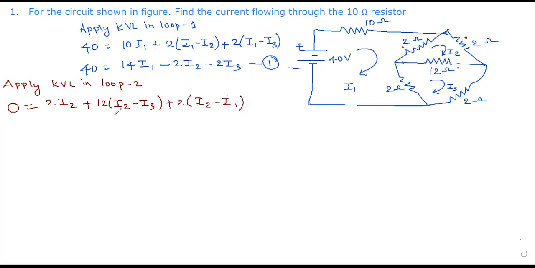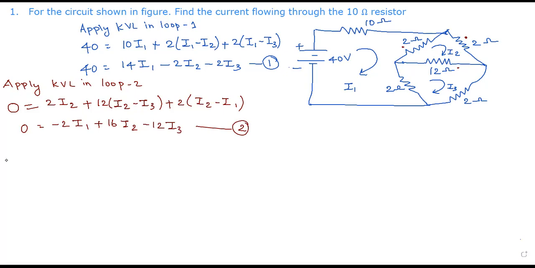By simplifying this equation, you get 0 equals minus 2 I1 plus 16 I2 minus 12 I3. This is equation number 2. So we applied Kirchhoff's voltage law for loop 2 and got another equation, right?